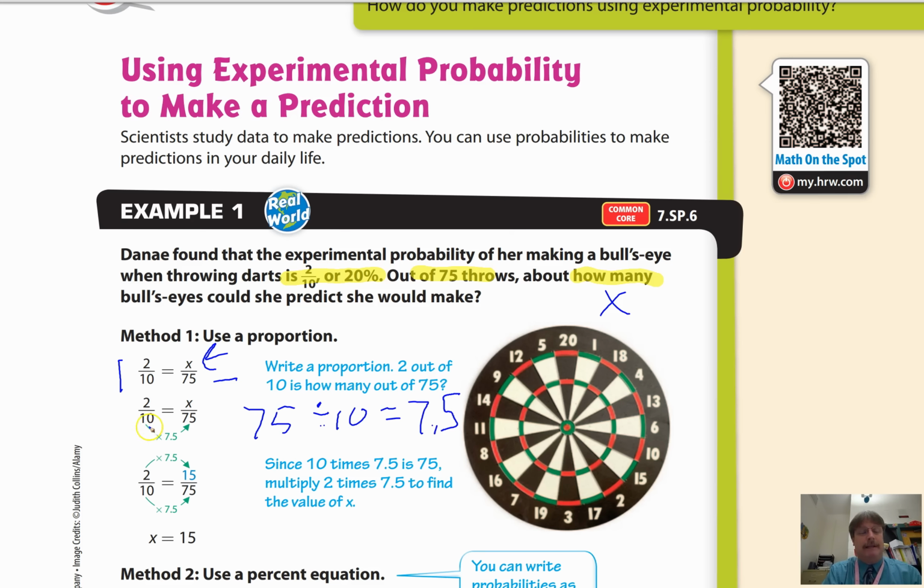So we multiply the 10 times the 7.5, and our little saying, what we do on the bottom, we do on the top. So we take our 2 times 7.5, and we get 15. So she can expect to make about 15 bullseyes out of 75 throws.